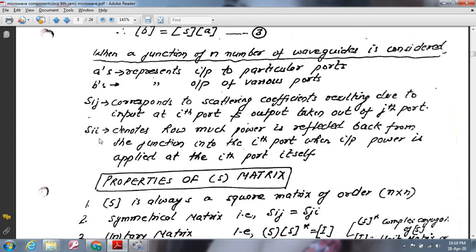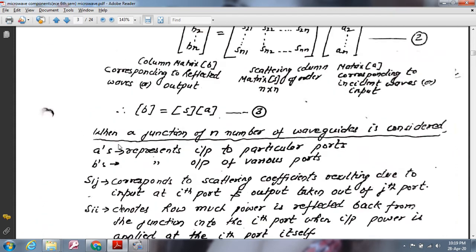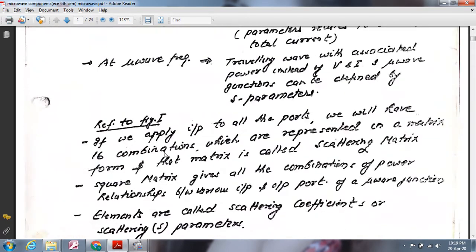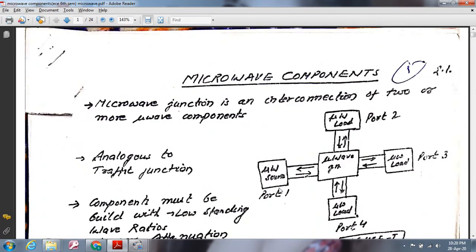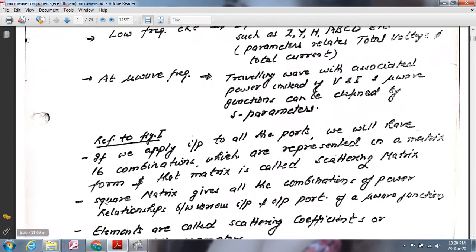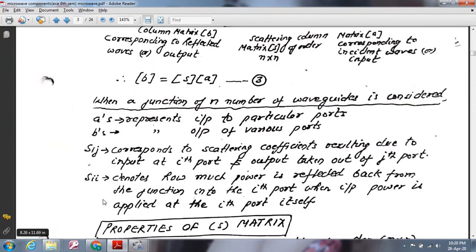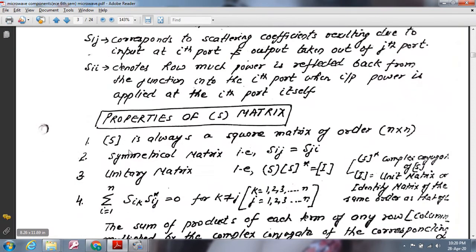So suppose in this first figure, we have connected power at this source and we are seeing the output at the same port, then this can be written as S11.